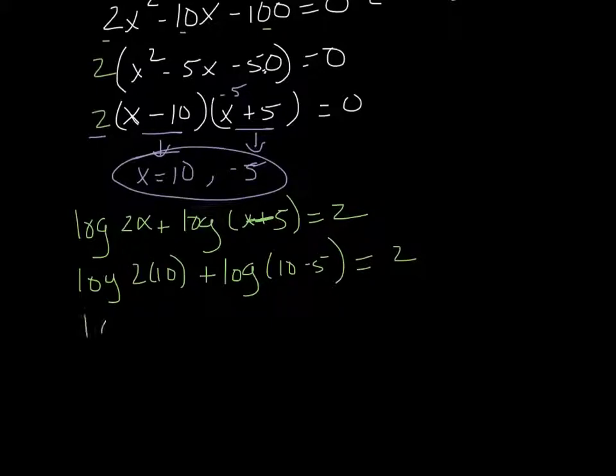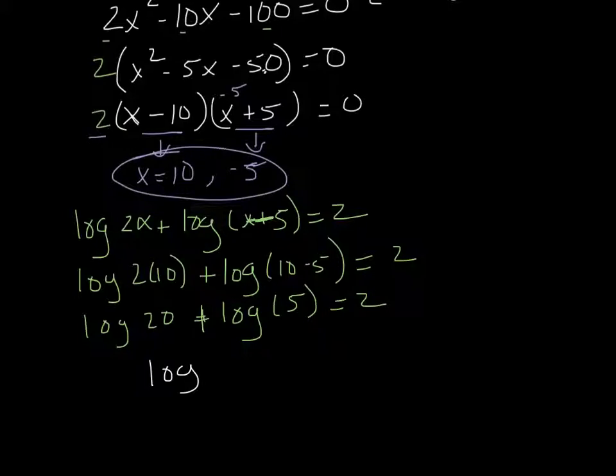If we simplify, we get log of 20 plus log of 5 equals 2. Let me condense this, because I can condense the add right here and get log of 20 times 5, log of 100 equals 2. And remember, it's log base 10, and let's see, is this true? 10 squared is 100? Yup, solution checks out, life is good.